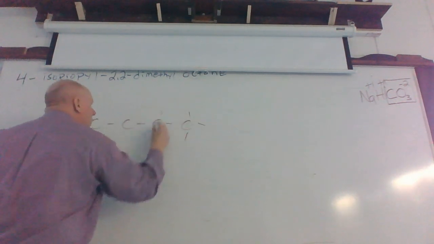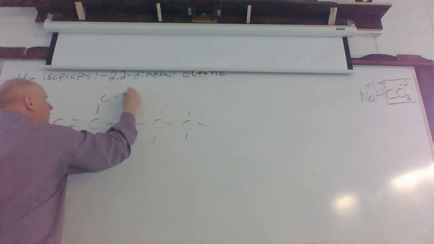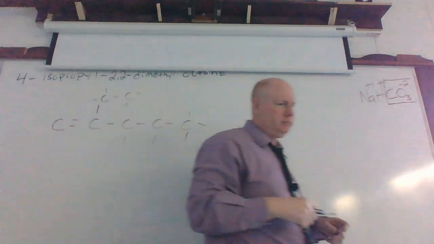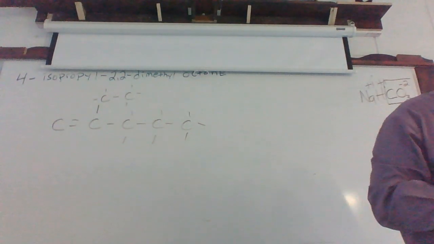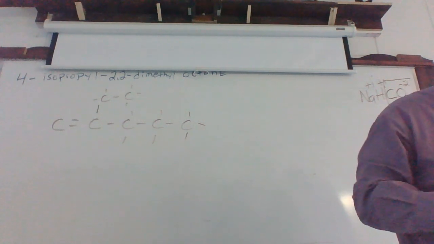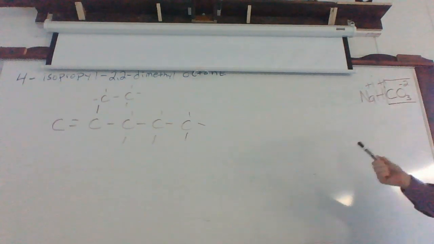Okay, so we have all of these on here, and then this branches up to something like that, correct? So first of all, what do you think? What's the longest continuous chain with this?